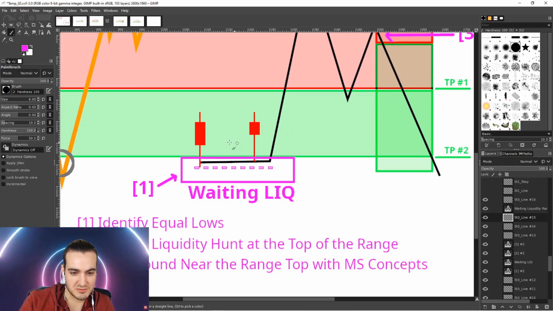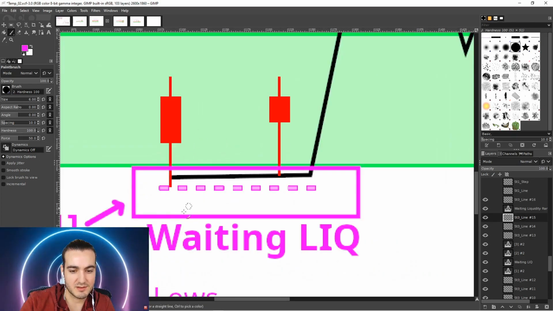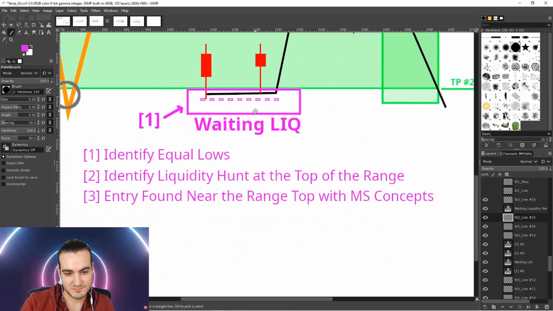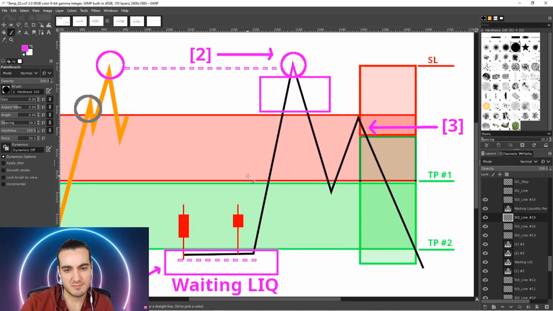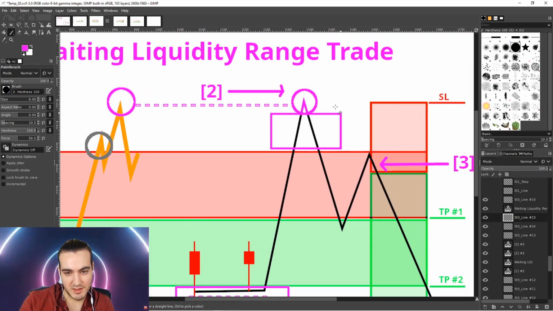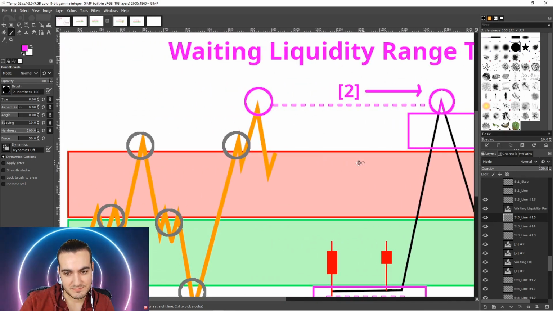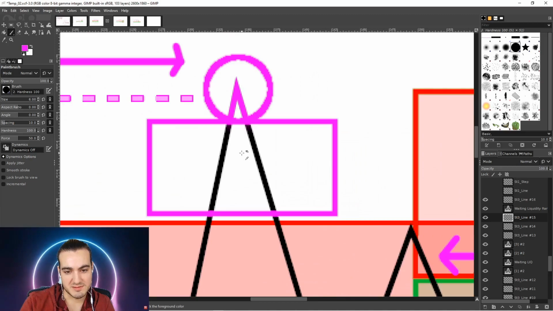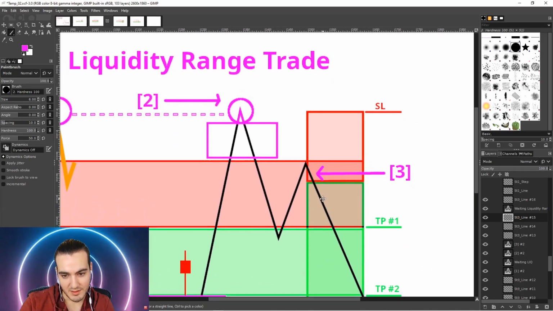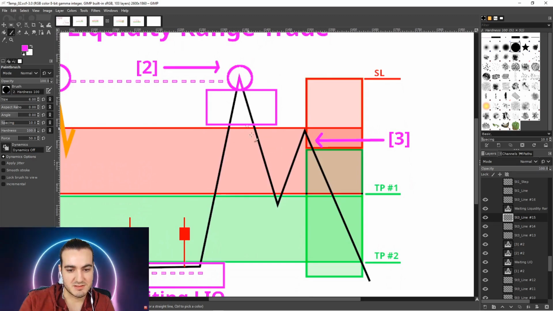We have the structure down here, whatever it may be, forming the waiting liquidity. Price moves up and exhausts the liquidity at the top end, perhaps in the form of a deviation. And then price begins to return.